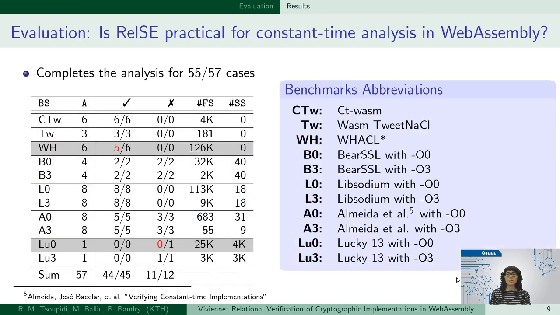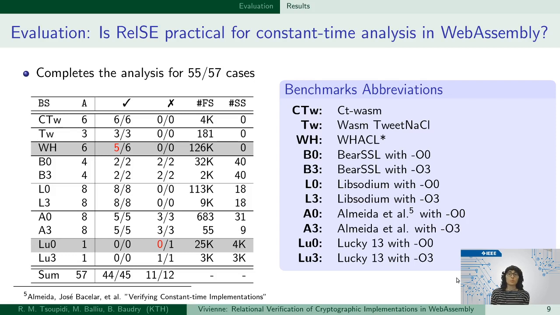Given the symbolic execution has scalability issues, we want first to evaluate whether our approach is practical for constant time implementations in WebAssembly. On the table to the left, we see in the first column the benchmark abbreviations. These are explained in the table to the right.